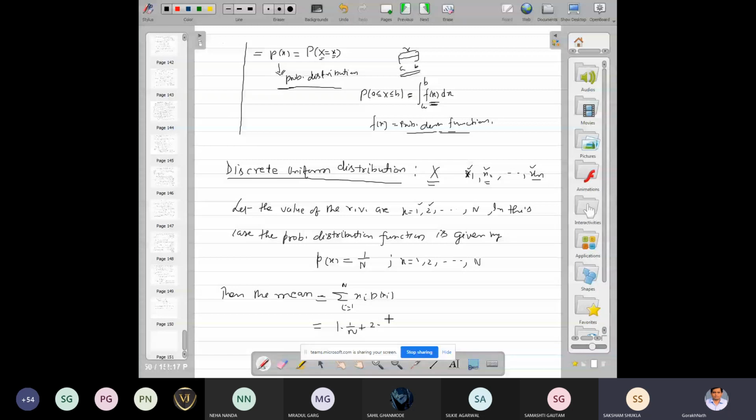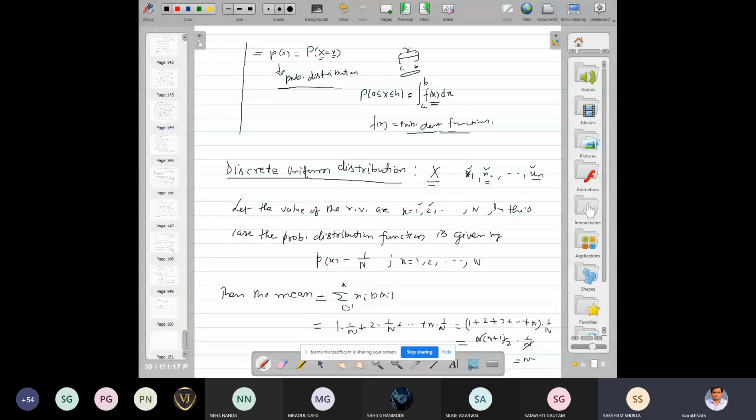So this is equal to 1 plus 2 plus 3 plus ... plus n, into 1 upon n, and this is the sum of n numbers, n plus 1 by 2, into 1 by n. So this is equal to n plus 1 by 2.